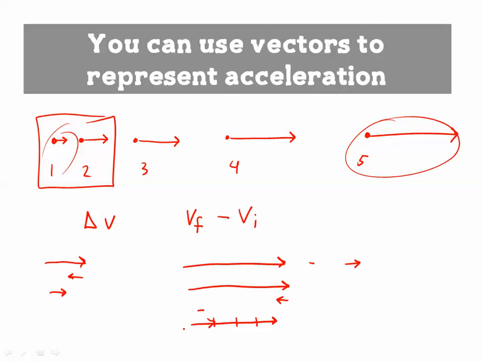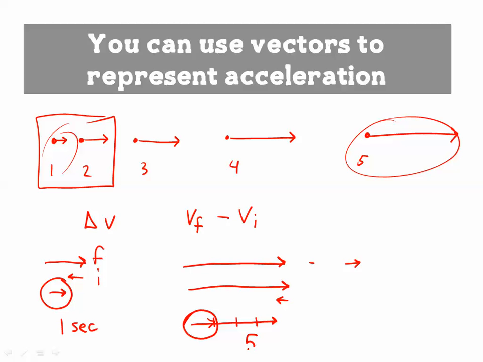I know I'm just drawing, these aren't to scale, but basically the acceleration equals the final velocity vector minus the initial velocity vector divided by the time interval you're looking for. In this case my time interval was 1 second.